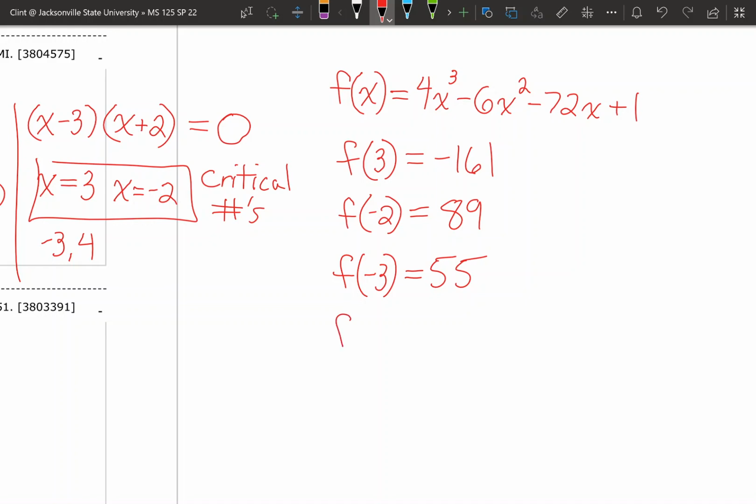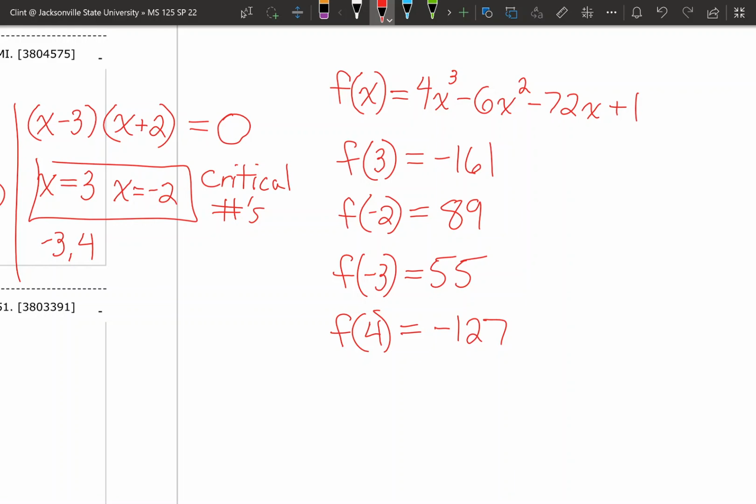One more to do, f of 4. So 4 times 4 cubed is 64, minus 6 times 16, minus 72 times 4, plus 1, which gives negative 127.